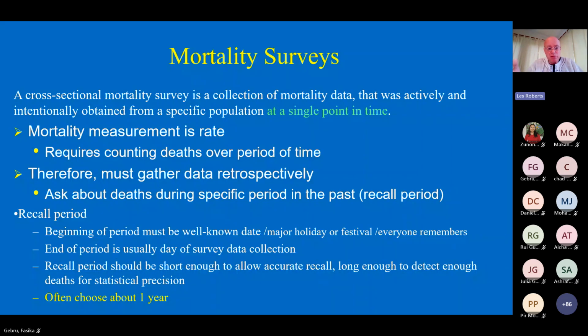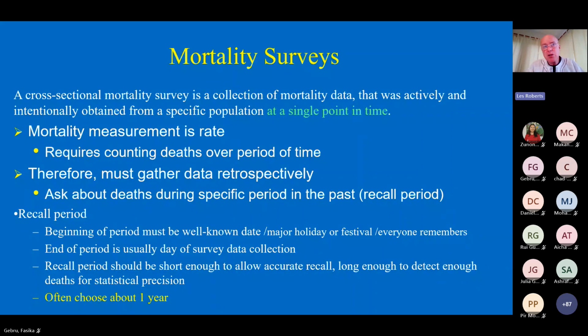And that requires knowing deaths over a period of time with some denominator. Therefore, you're almost always collecting this data retrospectively, that is back in time. And you're asking about deaths from a really specific period, normally beginning with a really well-known date, Ramadan, New Year, Christmas, when the president was elected, when the earthquake happened, something that everyone knows. And normally it's ending with the day of the interview.